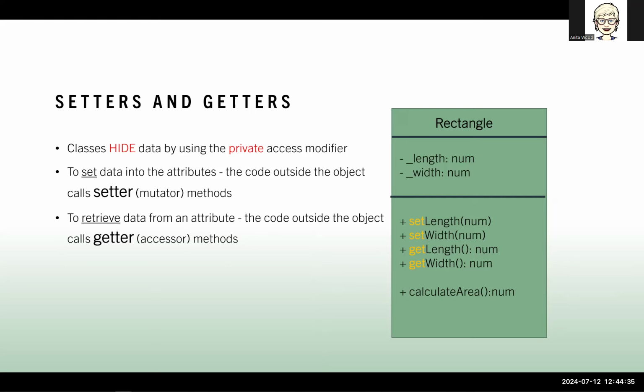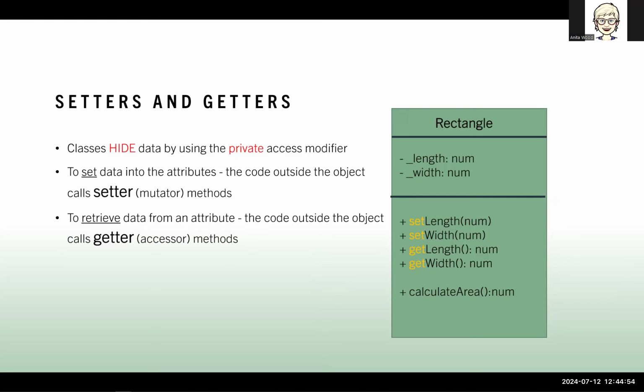The setter methods are also called mutator methods because they mutate or change the values of these private attributes. Another name you might see used for the getter methods is accessor. They access the values from the private attributes.